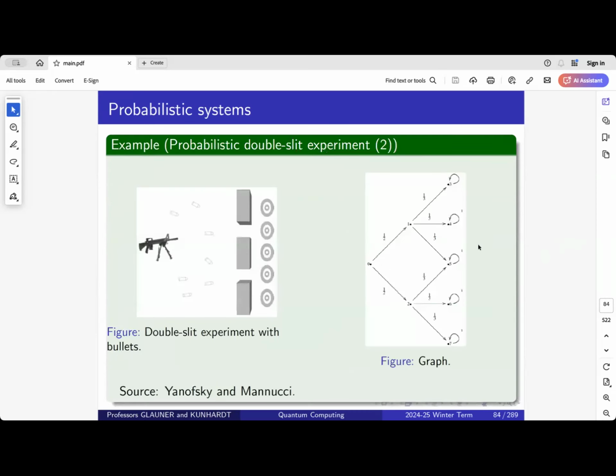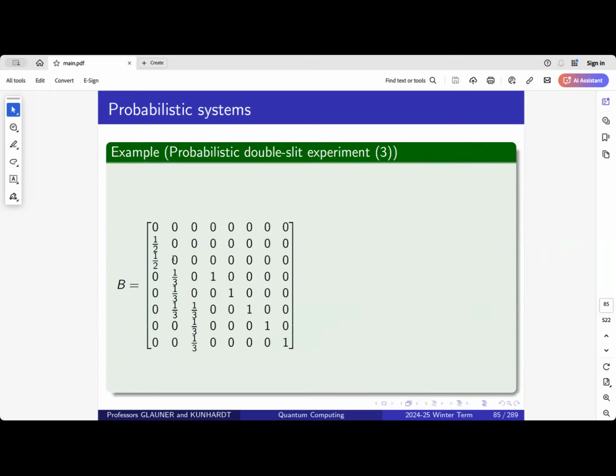We also briefly looked at the probabilistic double slit experiment, and we introduced this in detail and built this matrix. But this matrix is not doubly stochastic, so it's just trying to mimic the behavior that we want to see later from a quantum perspective, and it will behave differently. What we saw is that if we start with the start state and do 2 time clicks, then we're in these targets.